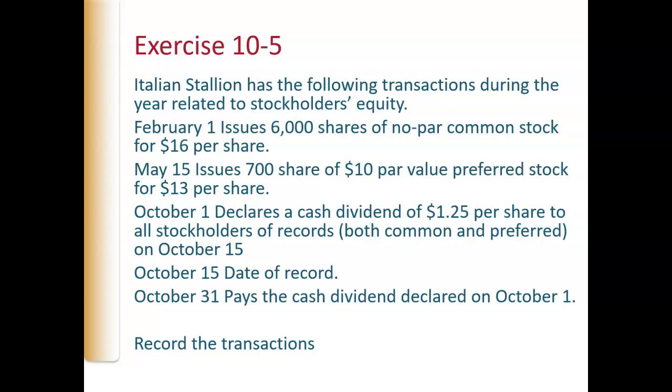May 15th, issues 700 shares of $10 par value preferred stock for $13 a share. October 1st, declares a cash dividend of $1.25 per share to all stockholders of record on October 15th. October 15th is the date of record, which we don't have a journal entry for. And then October 31st pays the cash dividend.